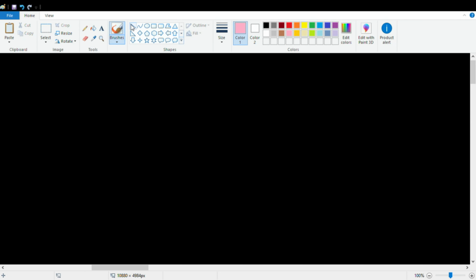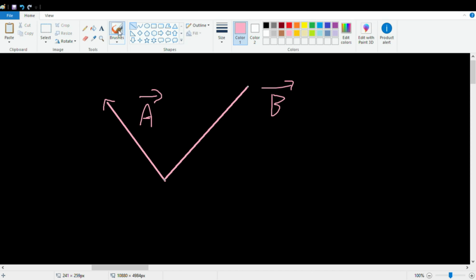Alright, so let's go over it. If I have vector a and I have a vector b like this, there are two ways to calculate the scalar of the product. It's called the dot product.